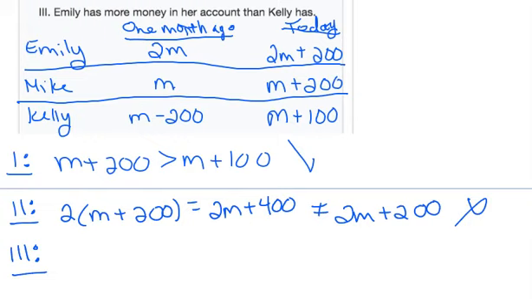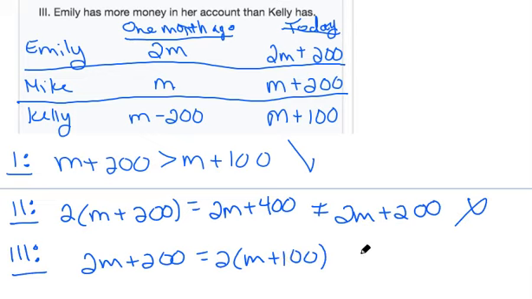It's clear that Emily has more money in her account than Kelly because Emily has 2M plus 200, which is equal to 2 times M plus 100 if we factor out the 2. And Kelly only has M plus 100. So comparing the two, Emily definitely has more money than Kelly. So this statement is true.